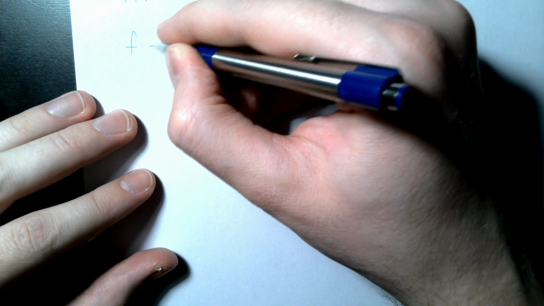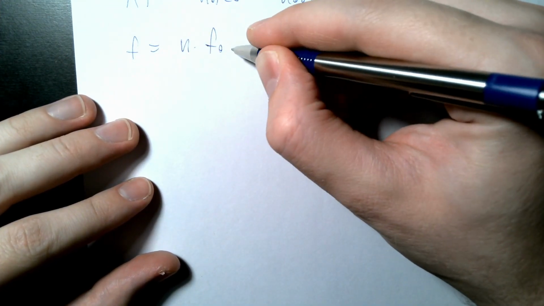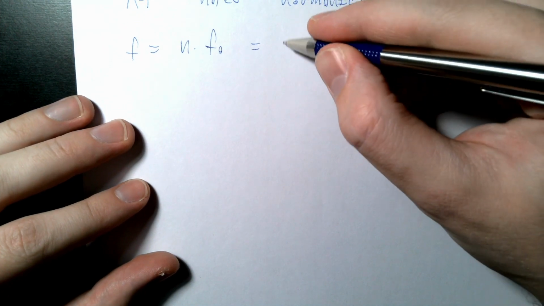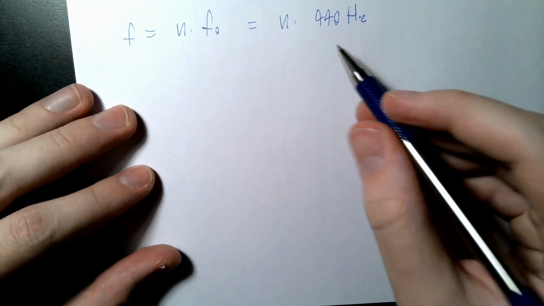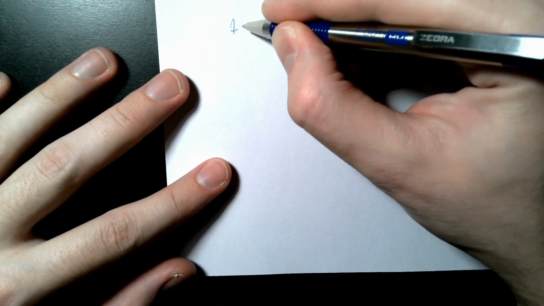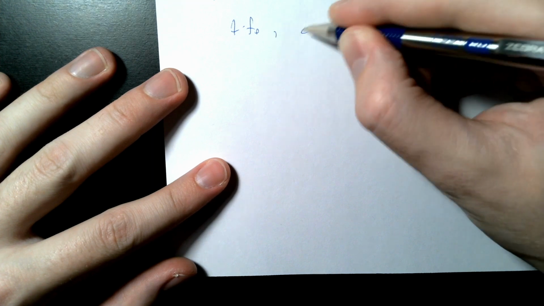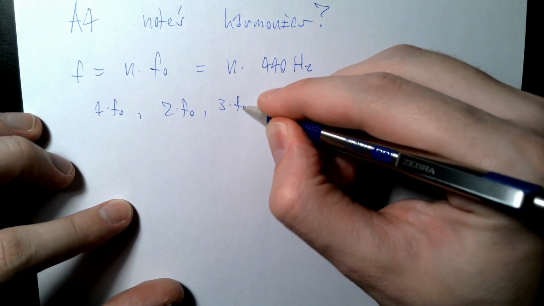So what are the harmonics of the A4 note? Well, they will be f equals some integer multiple of f0. So therefore we have some integer multiple times 440 hertz. We could say 1 times f0, 2 times f0, 3 times f0, and so on.